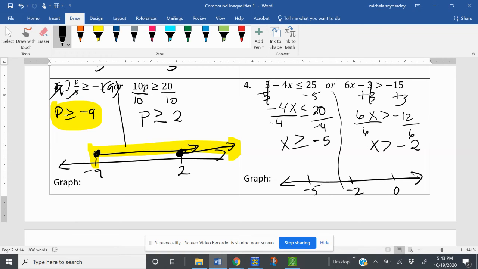X is greater than or equal to -5, so solid dot on -5 going towards the positive numbers. And then x is greater than -2, an open dot on -2, and also going towards the positive numbers. Remember, this is a special case for an or.